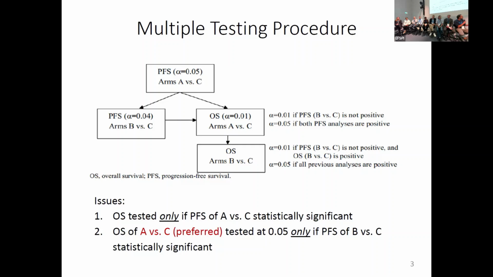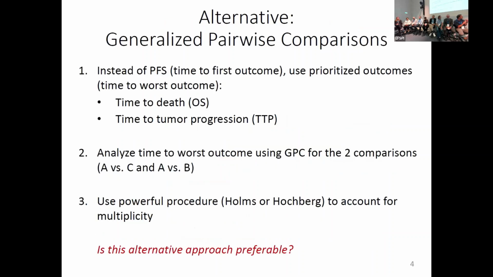Yes, we are. To tell us whether an endpoint like time to worst event is something they would trade for in making the decision in the end. And I think it doesn't really resolve the problem, because in the end, you may still want to know about overall survival for both drugs, or even the effect on progression.